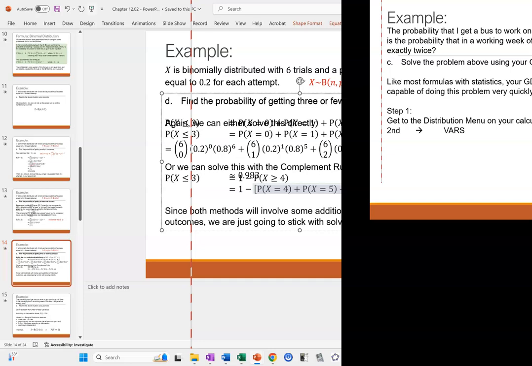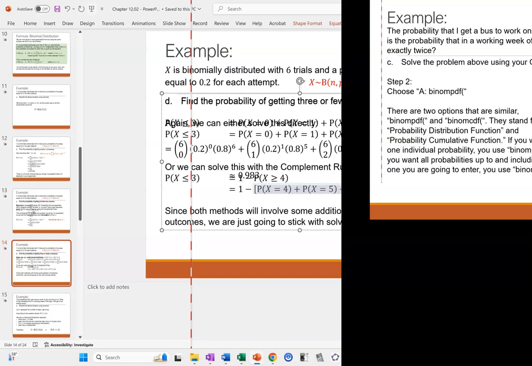You'll begin by pressing the second button and then vars, as circled in the picture. That opens the distributions menu on your calculator. From the distributions menu, you want to pick binomial PDF.